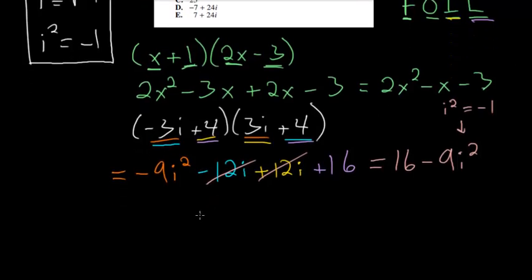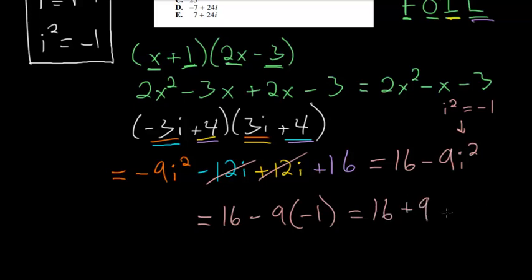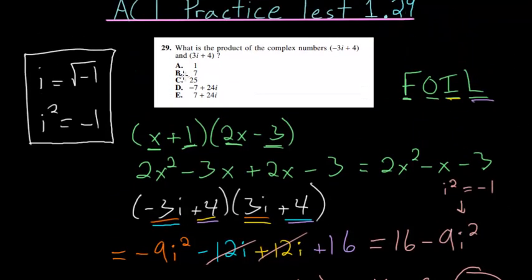And making that substitution, we now have 16 minus 9 times negative 1, or in other words, we have 16 plus 9, which simplifies to 25. So 25, this choice C here, is our final answer.